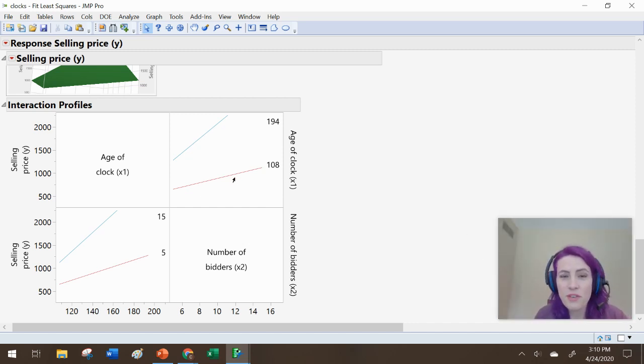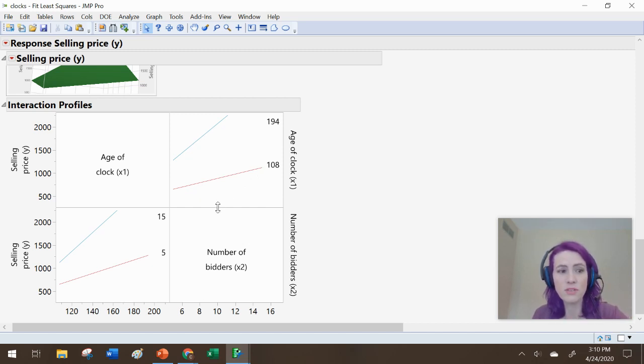All right, if we think about it from the other perspective, in the top right graph, we'd have the number of bidders on the x-axis, ranging from 5 off to the left to 15 on the right. Then the two lines here represent the minimum and maximum age of the clocks. So for the youngest clocks, we see a gentle slope here, a slight positive trend.